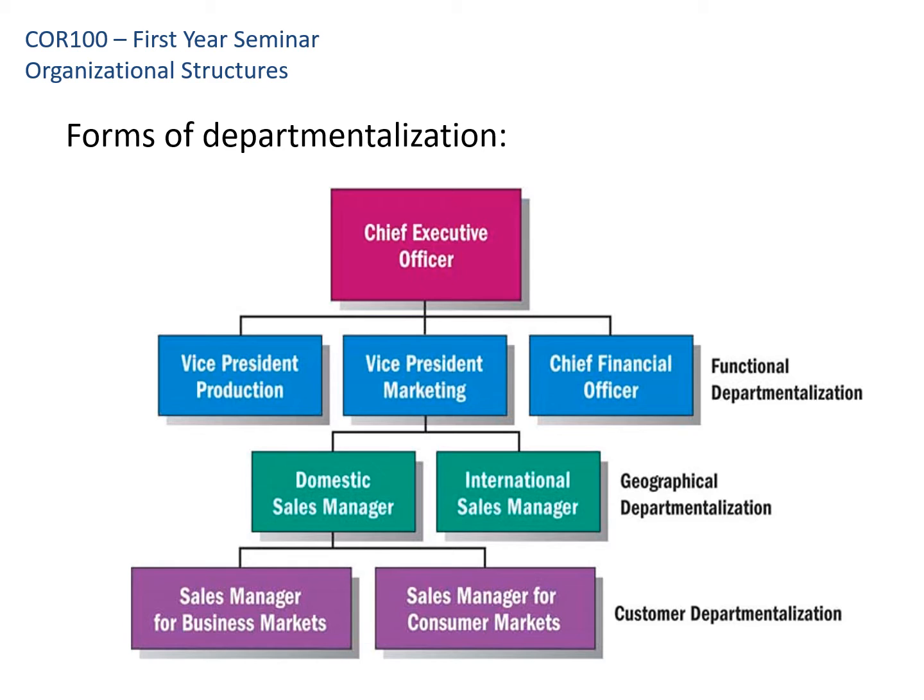And then below the domestic sales manager, in this example, there's a sales manager for business markets and a sales manager for consumer markets. So sometimes you'll departmentalize based on the type of customer being served, because different types of customer groups require a different approach or a different assortment of products, or whatever the case is.